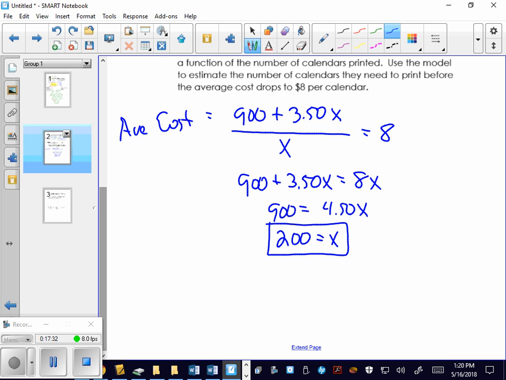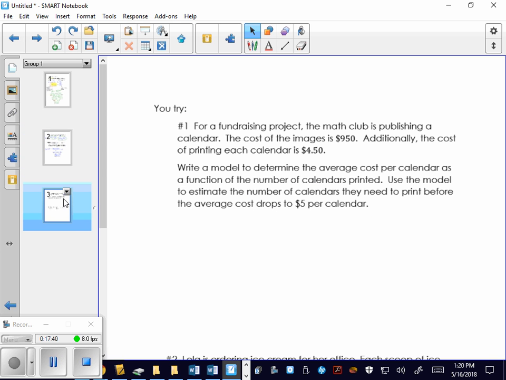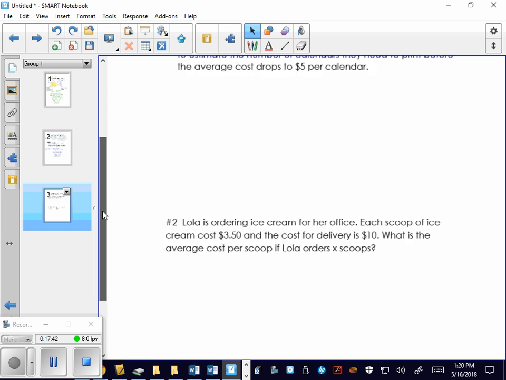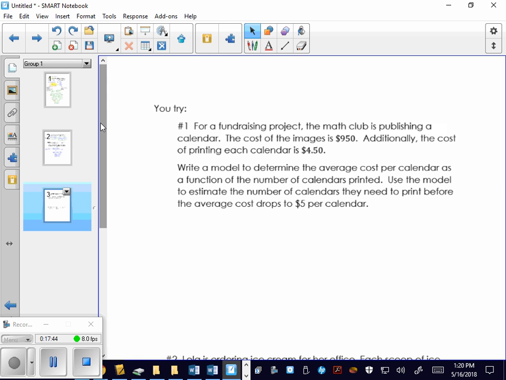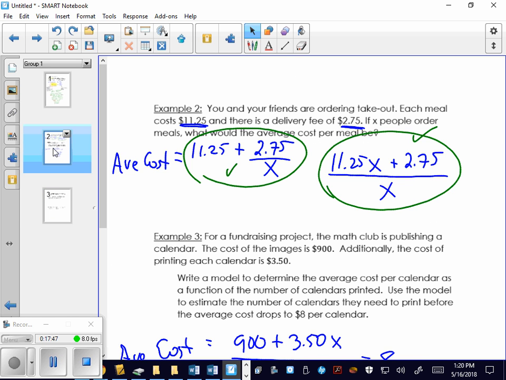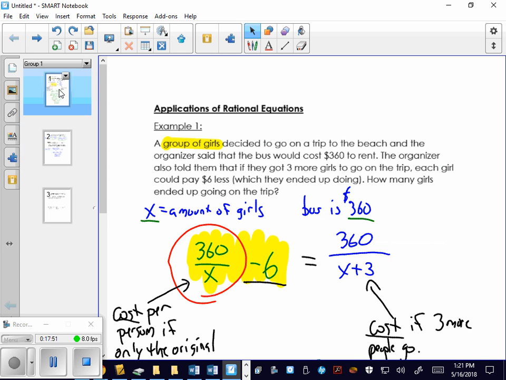All right, these are, like I said, not necessarily the easiest problems to do. You have, I think it's 2 of them, yeah, 2 of them to try on your own here. Go back, use these examples that we did, try and figure them out, work together, and if you guys are still having a hard time, again, go back and rewatch the video or the parts that you need to pick up on what's going on.